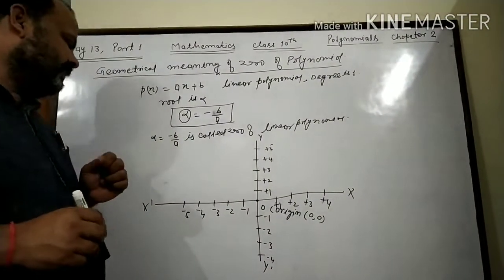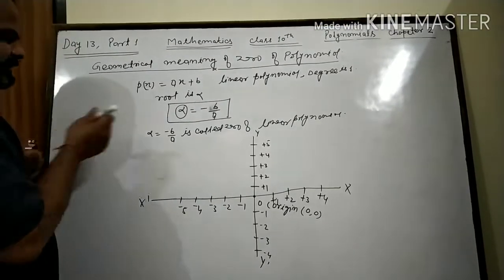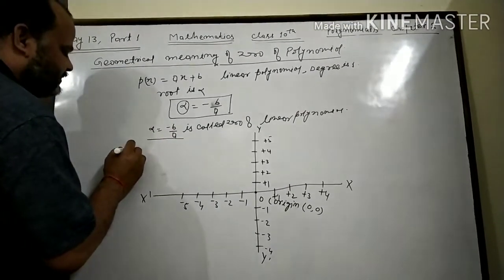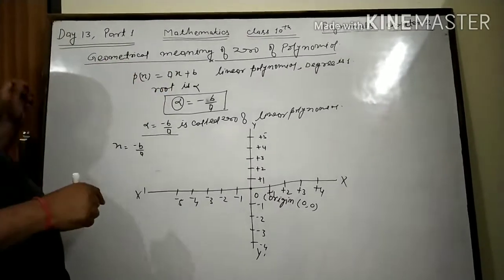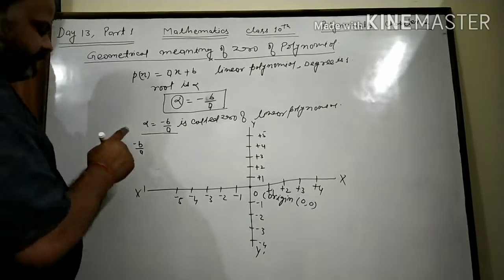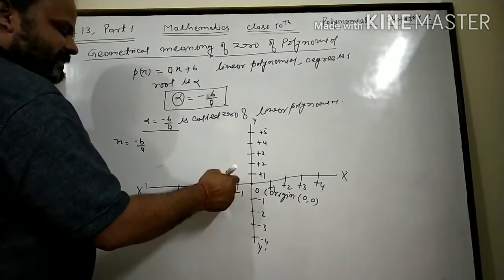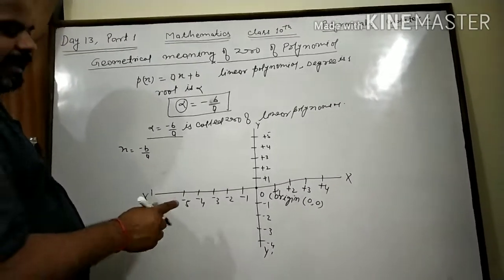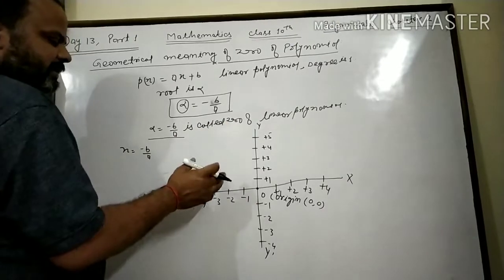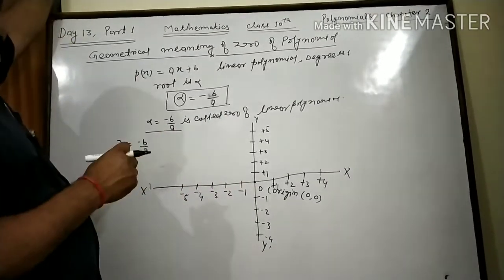Then here minus b upon a. It means on the x-axis it is the value of x. X is equal to minus b upon a is the zero of the polynomial. Clear? Then this minus b upon a is on the left side of the x-axis, or in the xy plane it is on the x-axis before the origin.